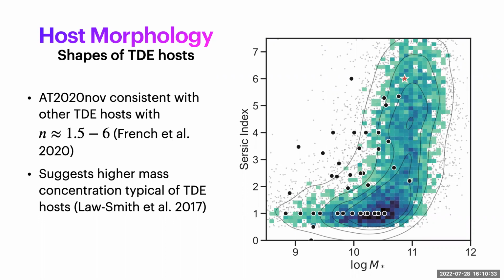French et al. 2020 estimated Sersic indices for TDE hosts between 1.5 and 6. This is expected. We expect that most TDE hosts have high central mass concentrations, which of course increases the chance that some star would wander close enough to the central black hole to cause a tidal disruption event.